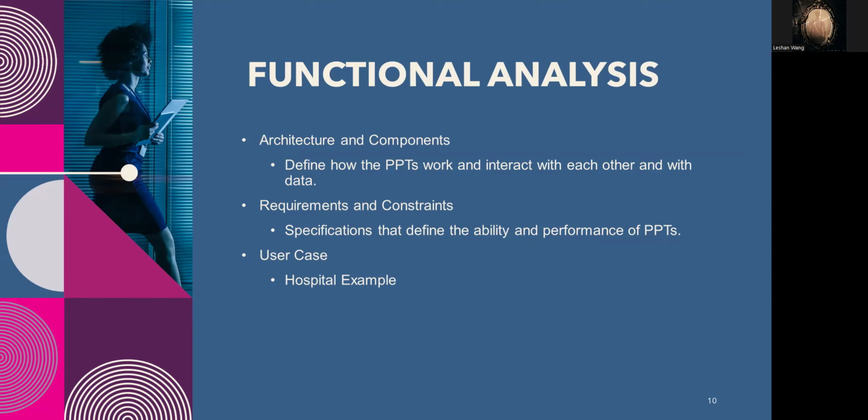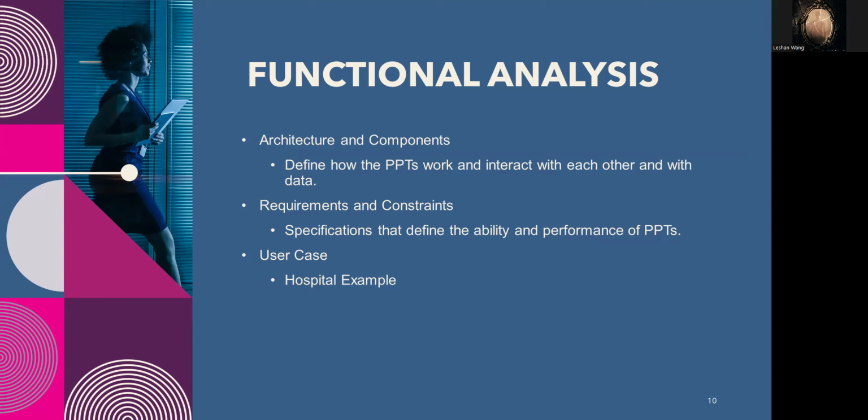And there are also cost requirements. These define the resources or overheads that the PPTs should consume, such as time, space, energy, or money when processing, collecting, and protecting the data.